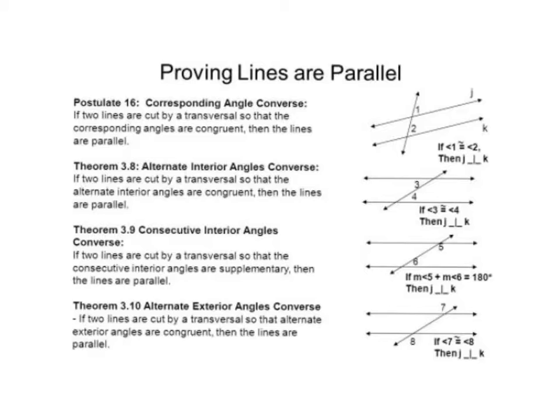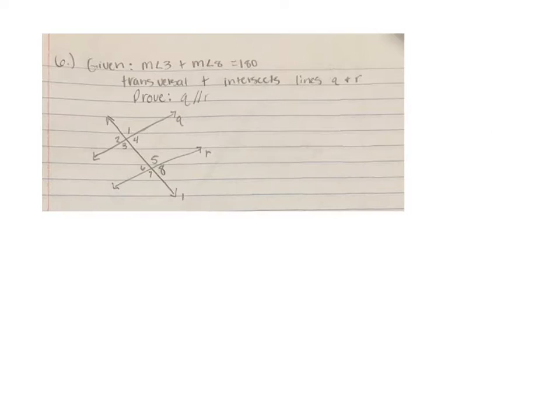So of these different ones, I think for the picture you have, you're probably going to be doing this one right here. If two lines are cut by a transversal so that the consecutive interior angles are supplementary, then the lines are going to be parallel. So we're going to try to get the consecutive interior angles supplementary so we can prove that the lines are parallel.